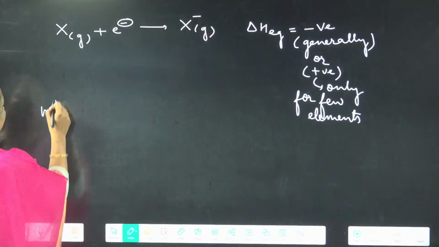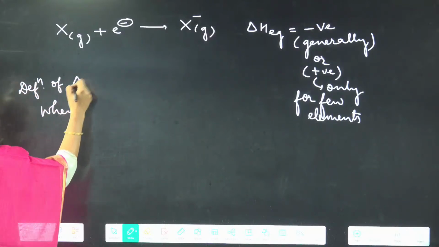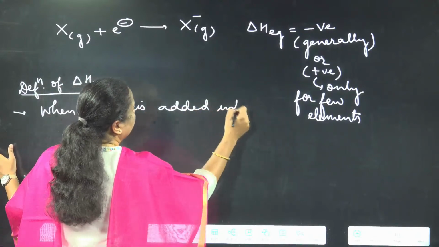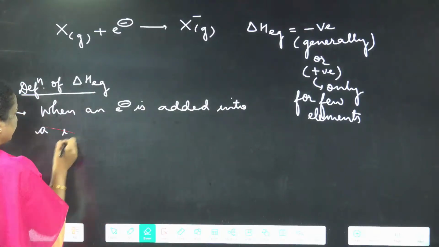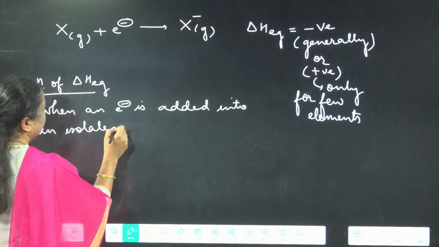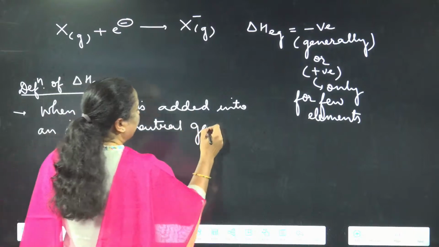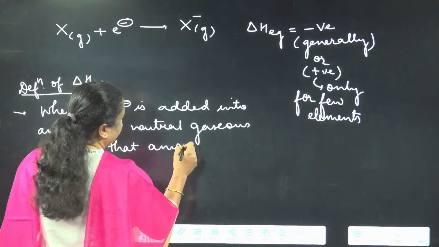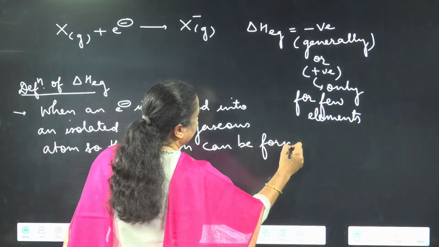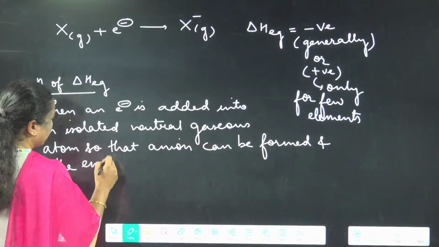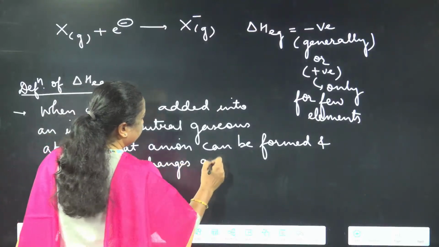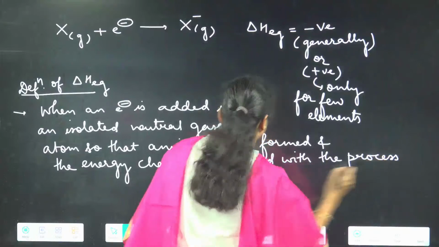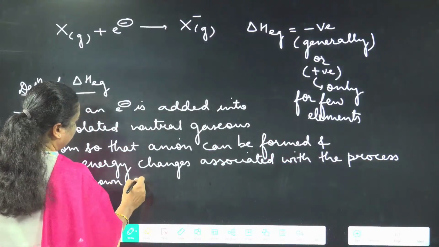So I'm going to write down the definition of electron gain enthalpy, which says: when an electron is added into an isolated neutral gaseous atom so that an anion can be formed, the energy change associated with the process is known as electron gain enthalpy.